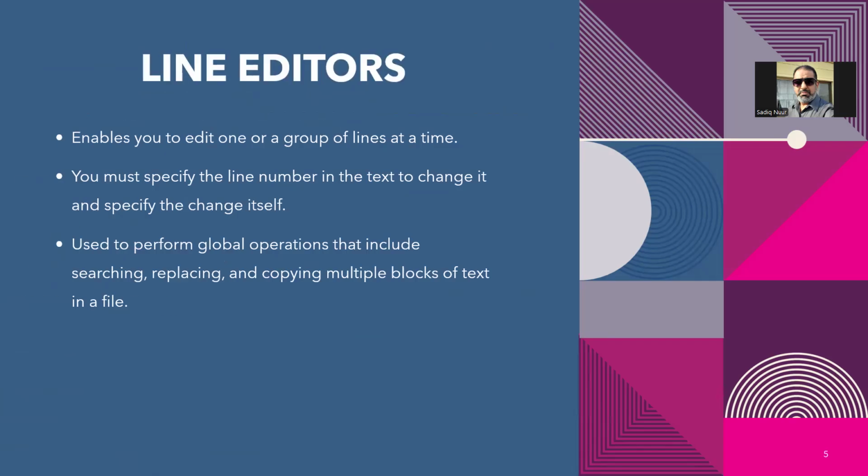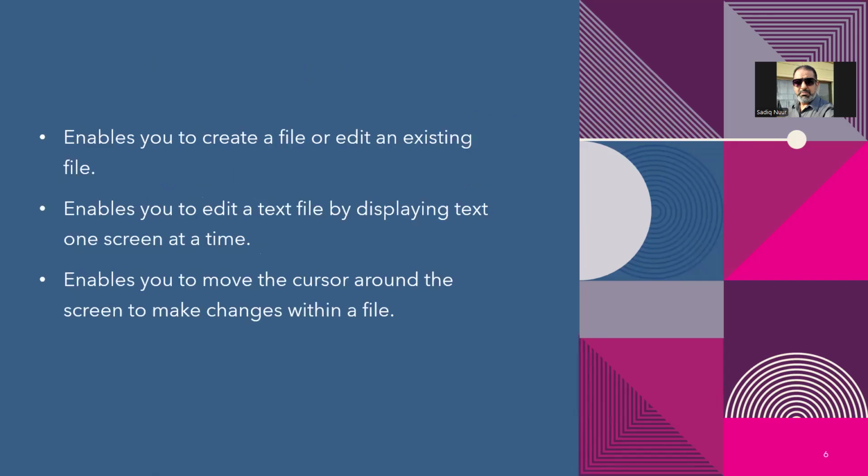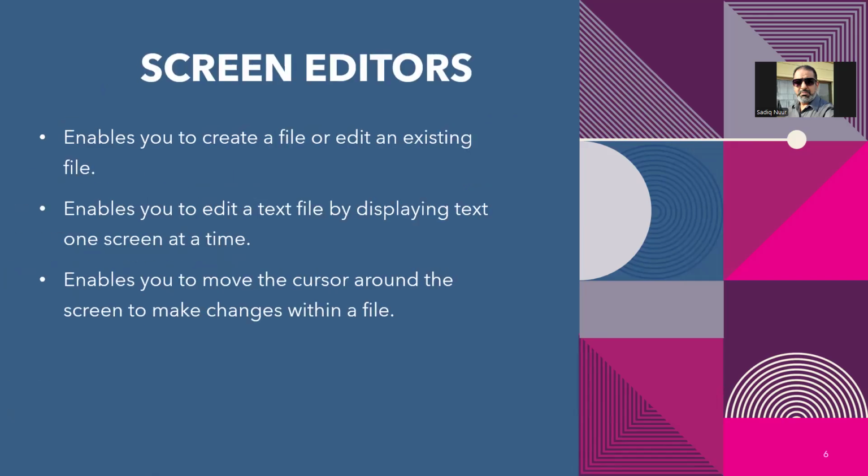So, line editors enable you to edit one line, or a group of lines, at a time. You must specify the line number in the text to change it and specify the change itself. They are used to perform global operations that include searching, replacing, and copying multiple blocks of text in a file. So what are screen editors?